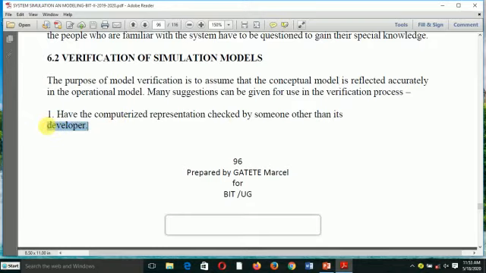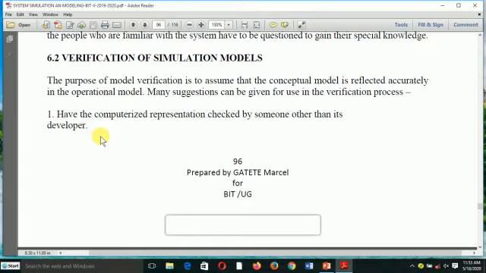If you are the developer, then in the process of verification you have to bring someone else who has not developed that system, a professional, to check the computerized representation. Why? Because if you are the developer, you won't see any mistake.